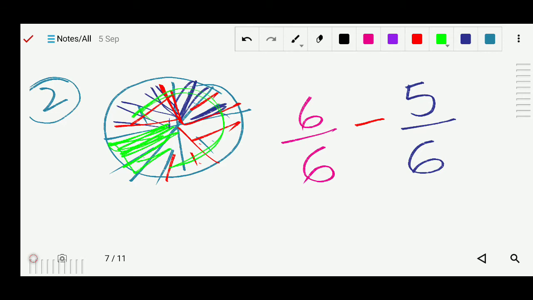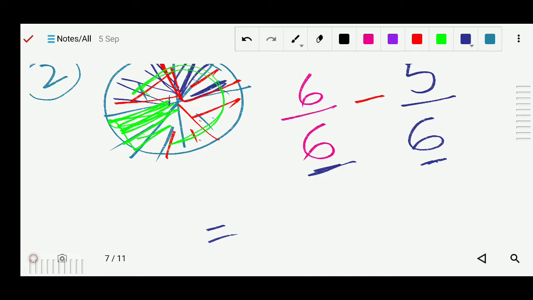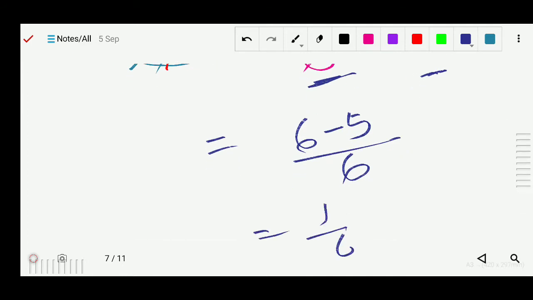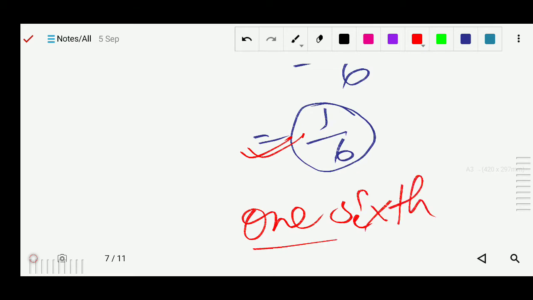So we can subtract it. You can see the denominators are the same, so we can easily subtract. So 6 minus 5, and by 6. So it will be 1 by 6. How much is left? Left was 1 by 6. 1 by 6 you can write in words also: it is one sixth.